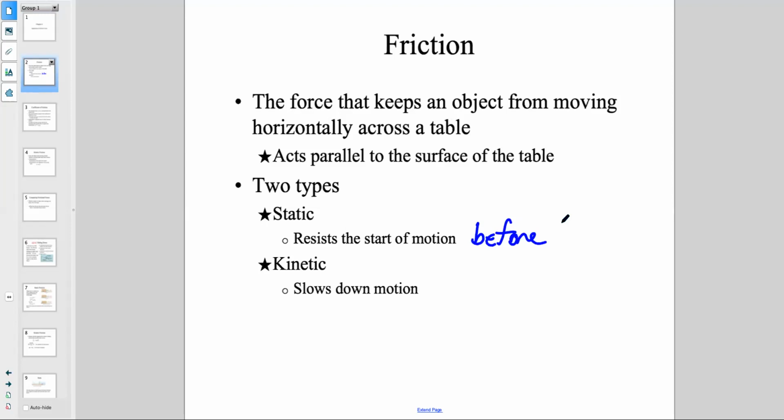The object is resisting, and the resistance is called static friction. Kinetic friction is another type of friction, but it's for the object that is in motion, for the object that is moving at this point, okay? So two types of friction, static and kinetic.